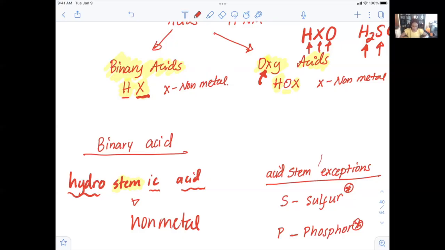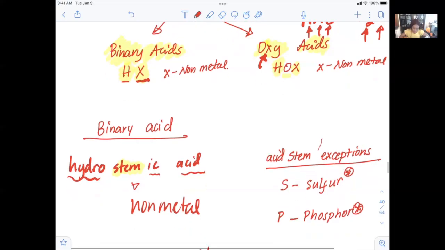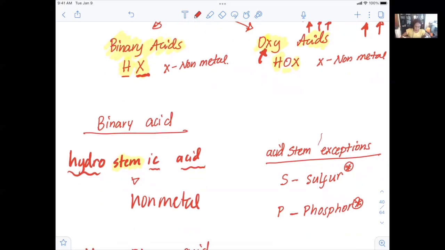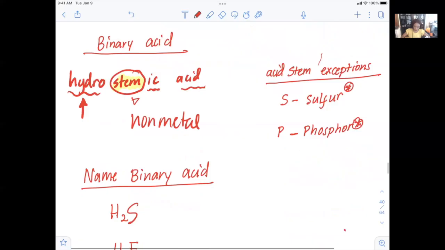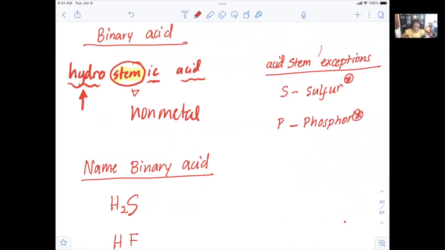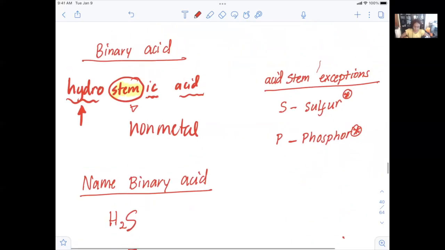All binary acids will start with the prefix hydro, then the stem word, and then ic acid. I do have acid exceptions right here.